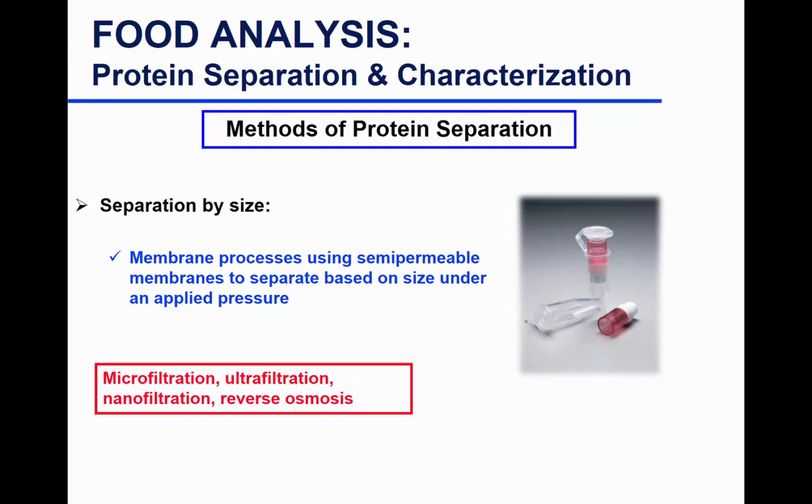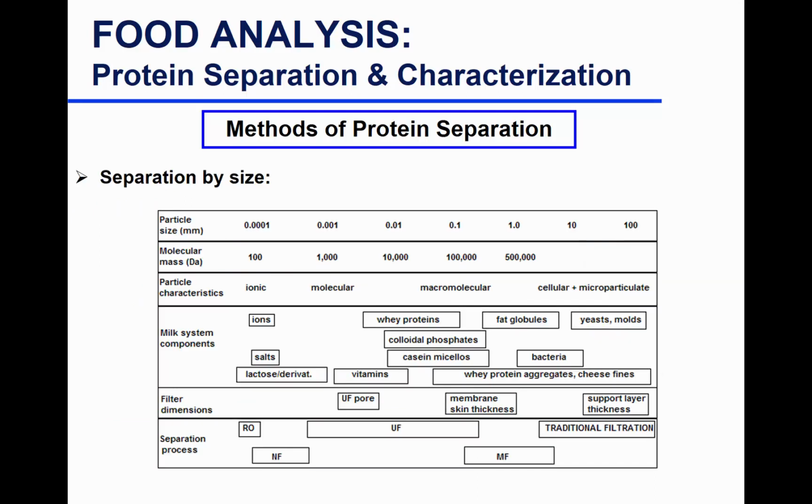Whey protein isolate, for example, lots of companies produce it by membrane filtration, basically. And the pore size of the membrane determines whether it is microfiltration, ultrafiltration, nanofiltration, or reverse osmosis. So with different types of membranes with different pore sizes, the retentate and the permeate will be different based on size.